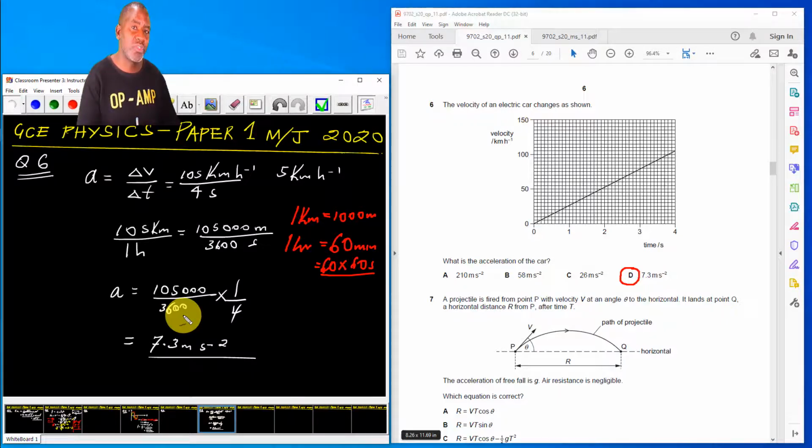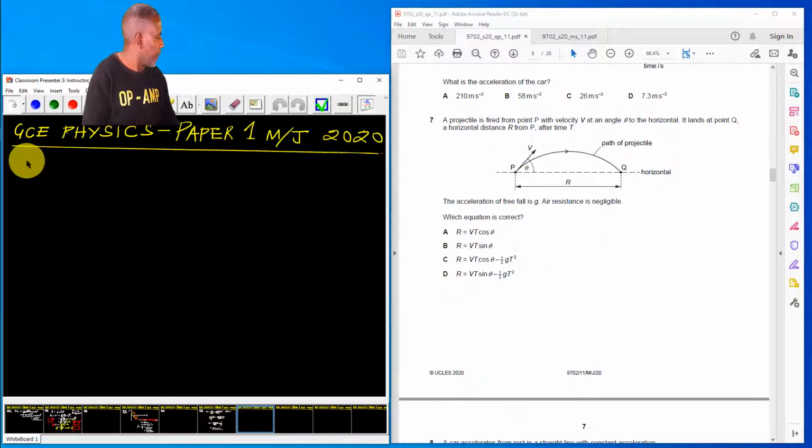Let's go to question 7. So, this is about projectile motion. We are told that a projectile is fired from point P with velocity v at an angle theta to the horizontal.